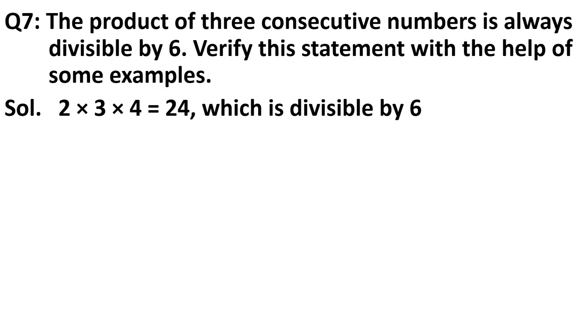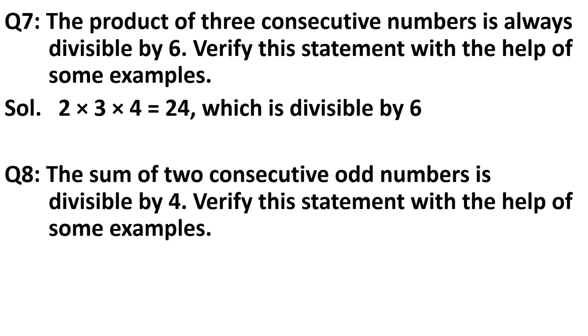You have to do this question in the homework while taking another example. Take any other 3 consecutive numbers, find their product and check whether it is divisible by 6 or not. Now see question number 8. The sum of 2 consecutive odd numbers is divisible by 4.